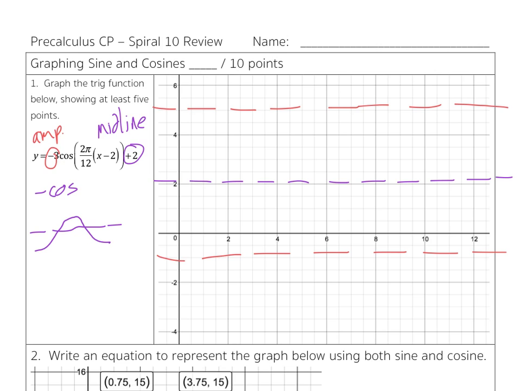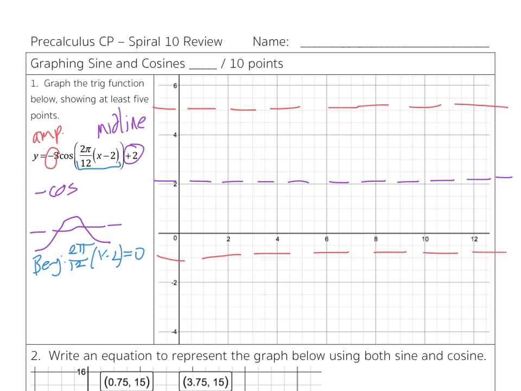Okay, that's step 1. Step 2 is taking a look at the inside and finding some beginning and end points. So for my beginning, I'm going to write that 2 pi over 12 times x minus 2 is equal to 0.